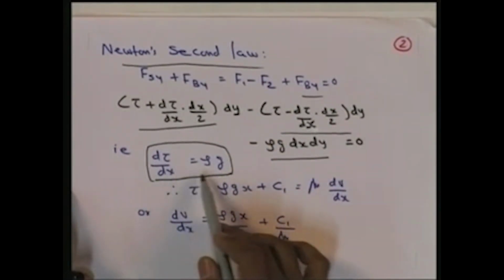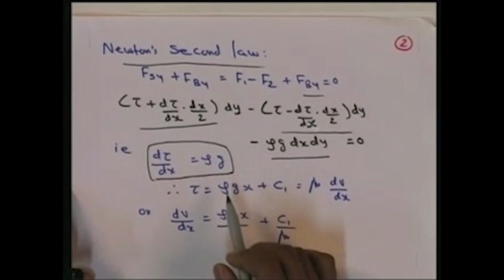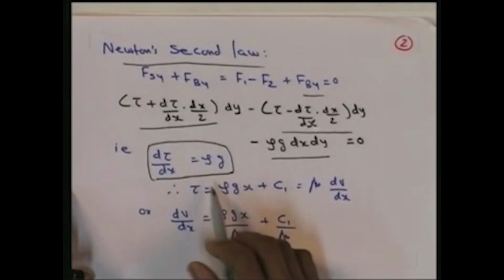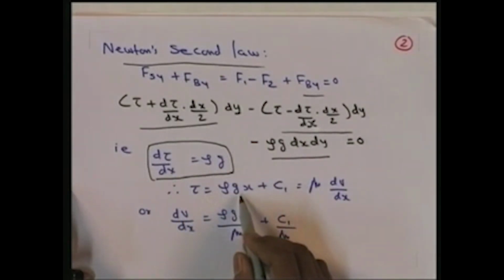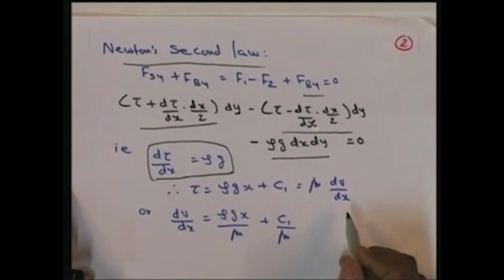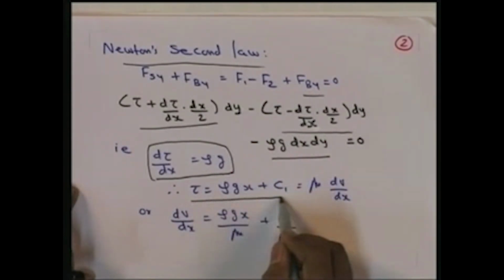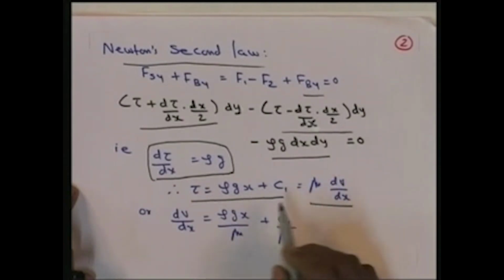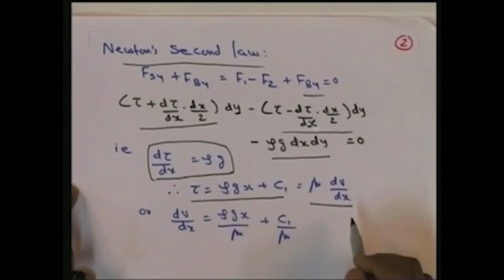So, d tau by dx is equal to rho into g, and now we can integrate this d tau by dx. Once we integrate, tau is equal to rho g x plus c1, after integration, and that we can equate to tau is equal to mu into dv by dx, Newton's law of viscosity.